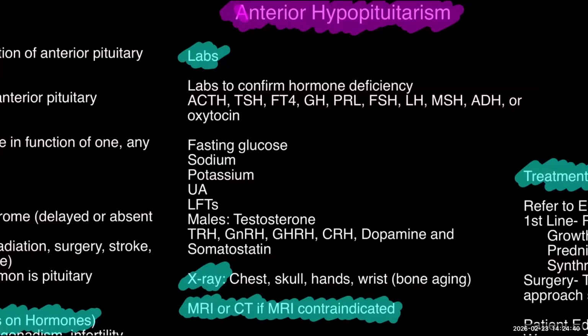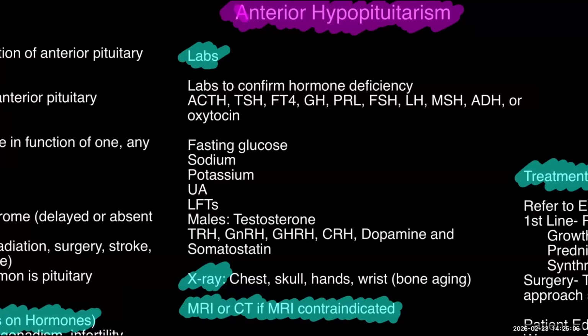What hormones are we checking with glucose, sodium, and potassium? Cortisol is one, and aldosterone. They're going to affect those things. UA, LFTs. We get our testosterone levels in males, see what that's doing. Check your thyroid, and all your hypothalamic releasing hormones you can check as well.